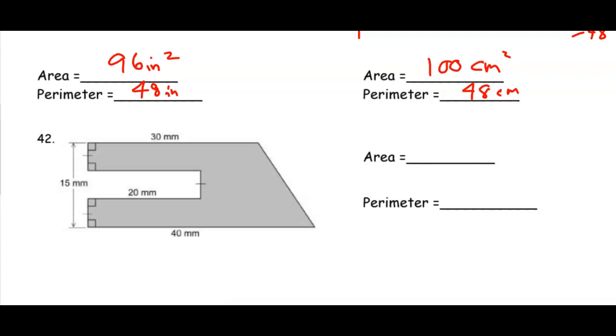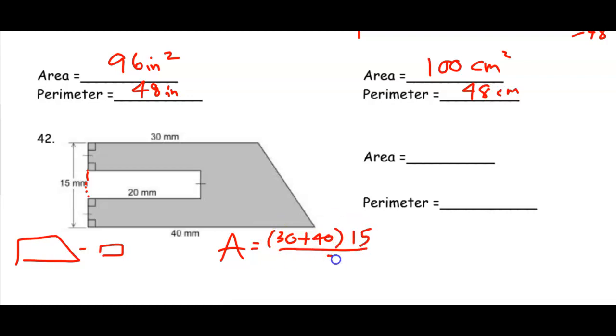Okay. Now on this one, think of it as a shaded figure. If I can find the area of the shaded part, take away the unshaded part, rectangle, then I can get the shaded figure. So let's do that. We're going to do trapezoid minus the rectangle. So first the trapezoid, base 1 plus base 2 times the height divided by 2.